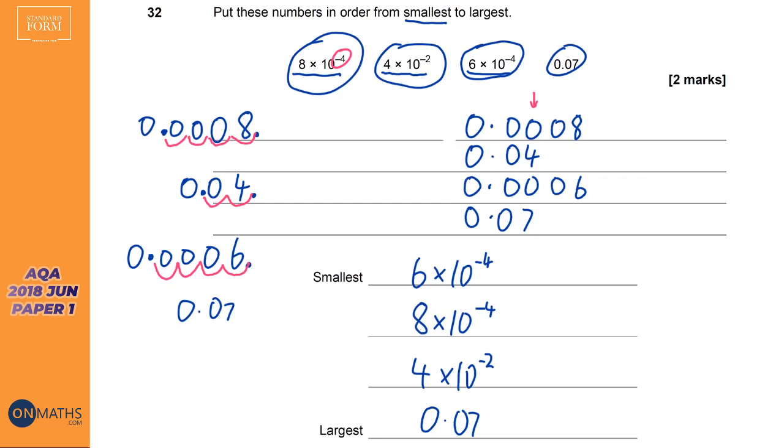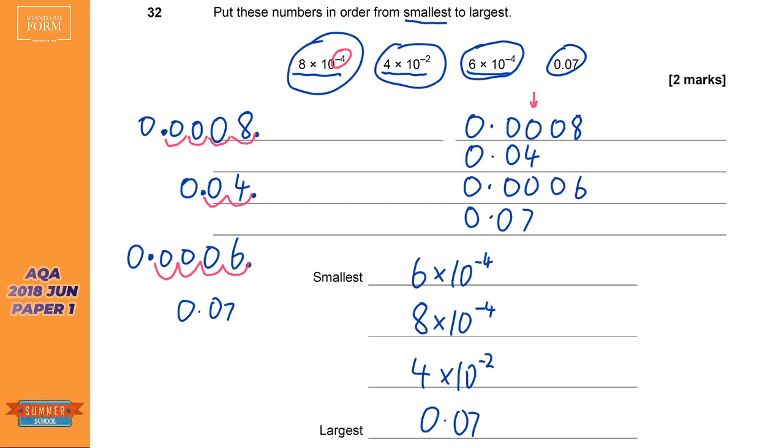Percentages aren't so bad either, so if you can convert them all to percentages, just sometimes with fractions it's a lot easier to convert to a decimal than it is to convert it to a percentage. But with standard form, just convert them all into the same thing, and it makes it very, very easy to compare all the different values.